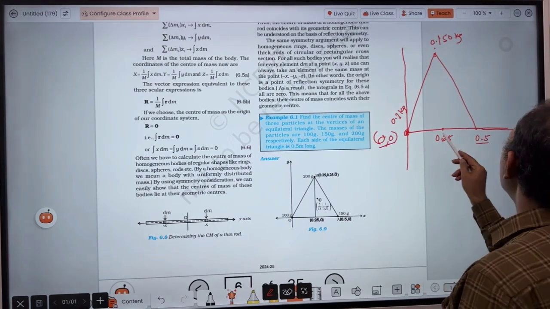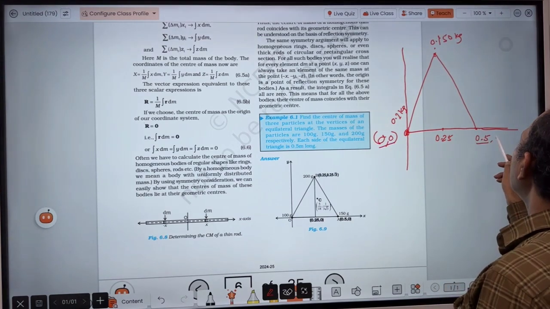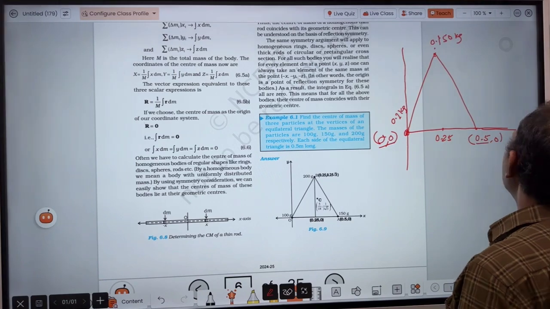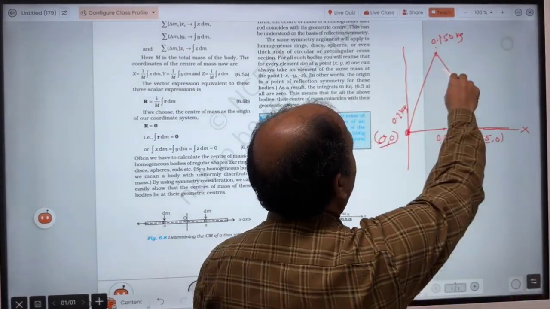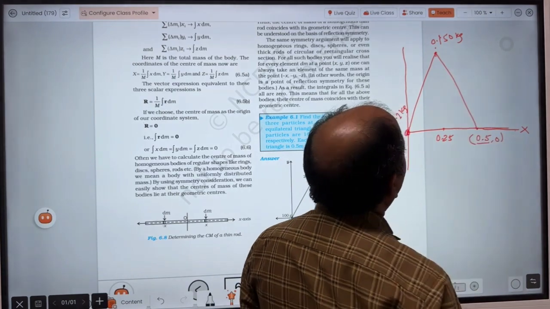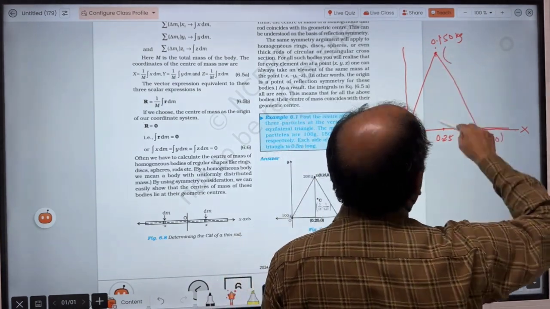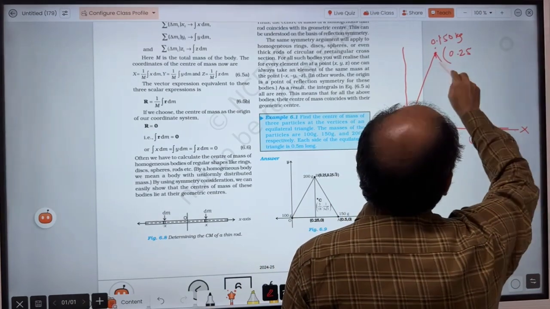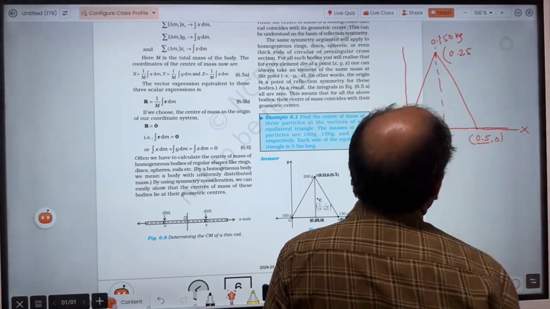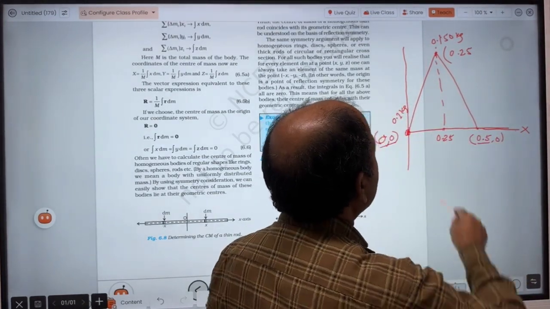This is 0, 0. Here x coordinate is 0.5, y coordinate will be 0 because it lies on the x-axis. We are taking coordinate axes. This is the y-axis. We have to find out the x and y coordinates of this mass. So here this is at the midpoint, so 0.25. Now you have to find out the y coordinate. So you can apply Pythagoras theorem.